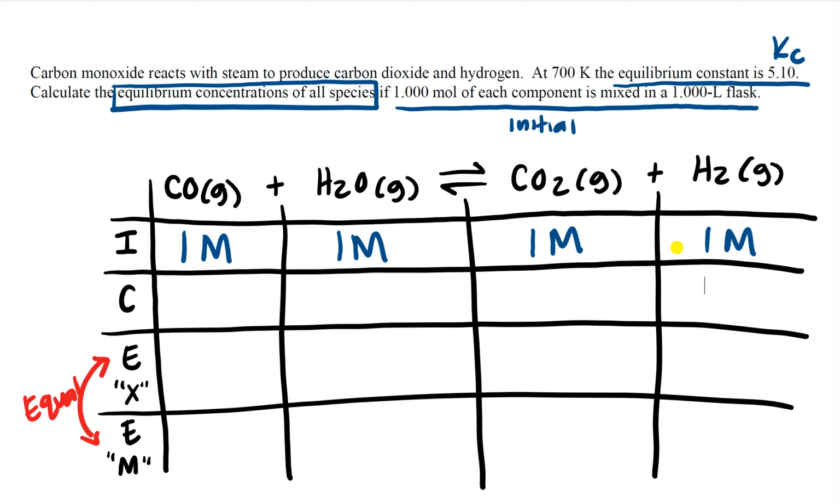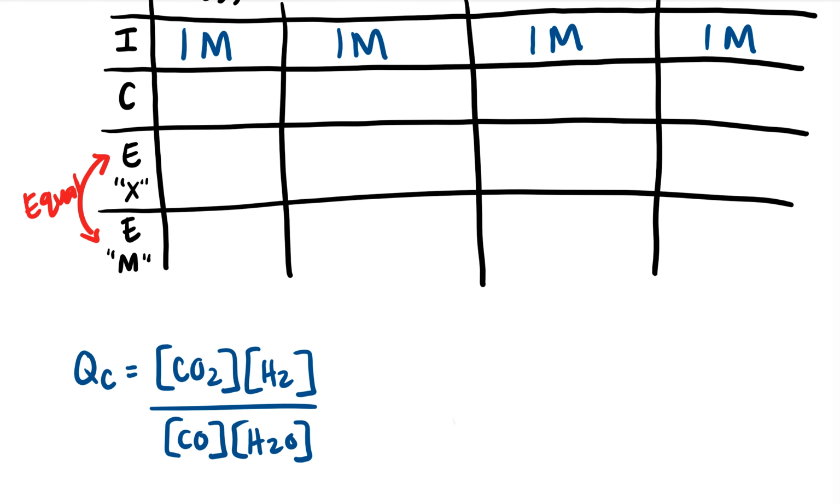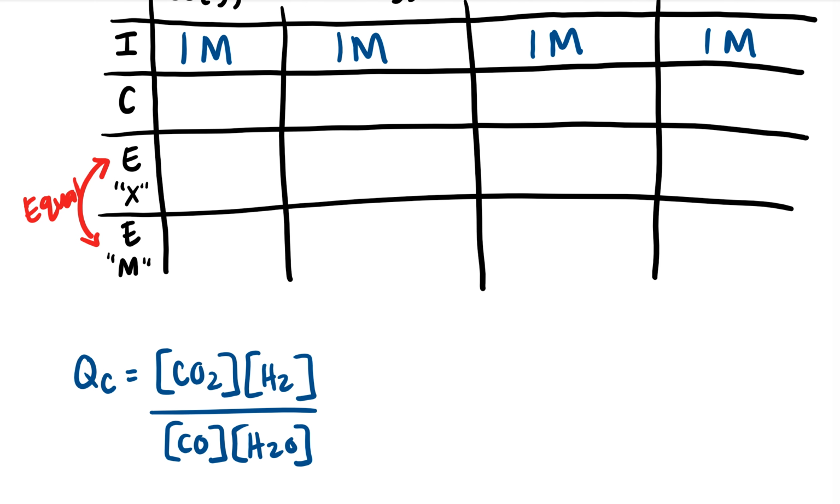And so off to the side, we're going to have to calculate Qc. So I have my Qc expression. I go and look at my initial values from my ICE chart. Everything is 1 molar.